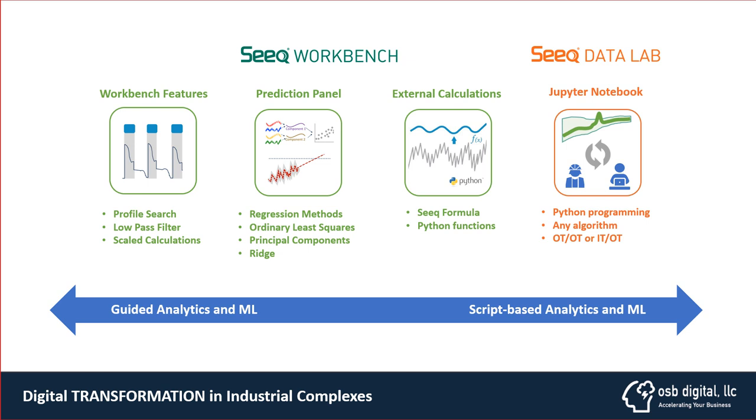So there is a real importance where we go from guided analytics and machine learning to script-based analytics and machine learning. So both coexist, and that's how you really go through the journey of digital transformation in any industrial complex.